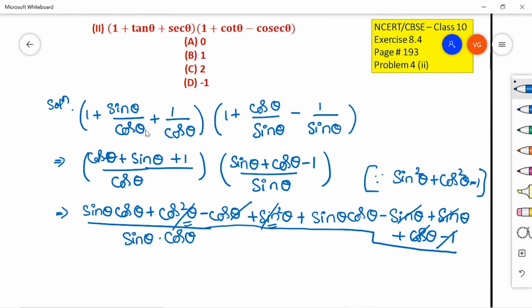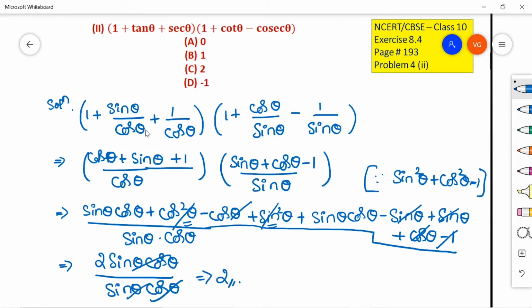So in the numerator, the left portion is sin theta cos theta plus sin theta cos theta. That we can write as 2 sin theta cos theta divided by the denominator part, I am writing sin theta cos theta. So this will get cancelled here and the answer is 2. So option C is correct here.